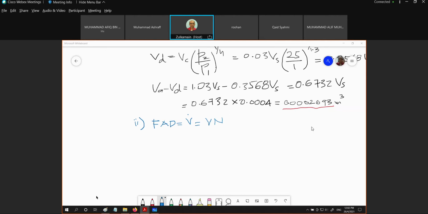Because this is a double acting, meaning that for the free air delivery we have 2 free air deliveries. What we are looking at right now is only for one side, so we have to multiply this by 2.